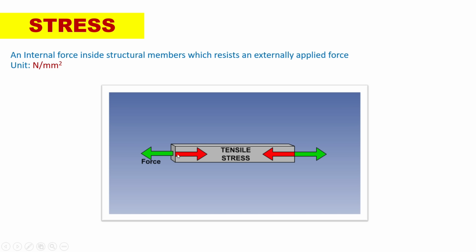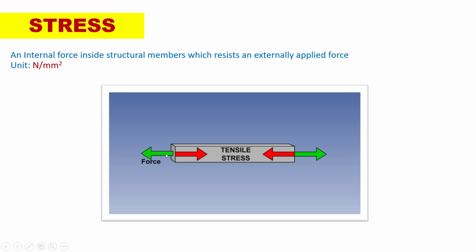So imagine like I've attached something here and attached something here, and I'm trying to pull it with a string. I've attached a vehicle over here, I'm trying to pull it here. I've attached another vehicle over here, I'm trying to pull it here. So I'm trying to split this piece apart. Okay, this is what I'm trying to do. These green arrows are my externally applied forces.